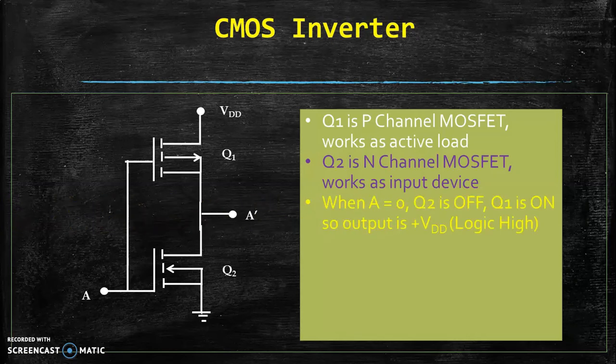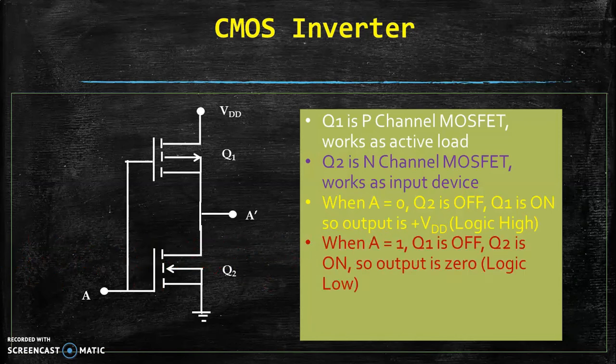When A is equal to 0, so when the gate is equal to 0, Q2 is off and Q1 is on. So the output is plus VDD, and that is logic high. So when we give input 0 or low level, we get output high.